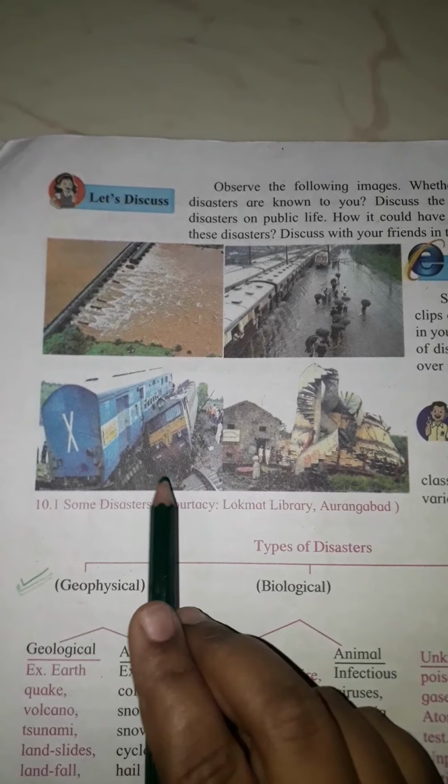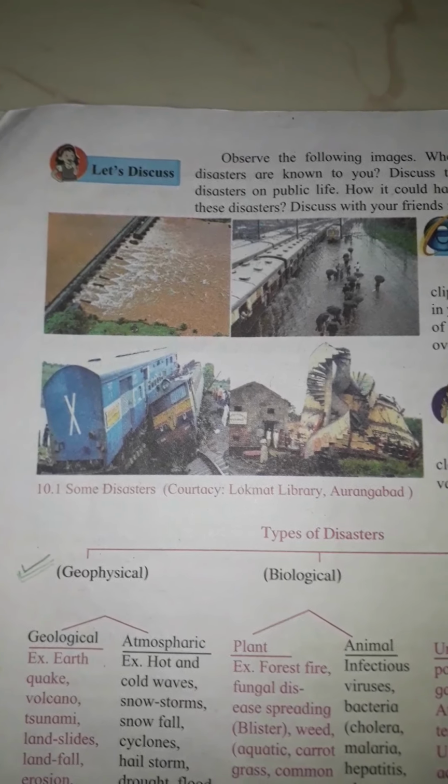Now let me tell you that the question of the train accident was asked in this year's board paper, in the March 2020 Science 2 examination. The question was asked by showing a picture of a train accident. A similar picture was there in the paper, and they asked you to identify the disaster and write the effect of the disaster.